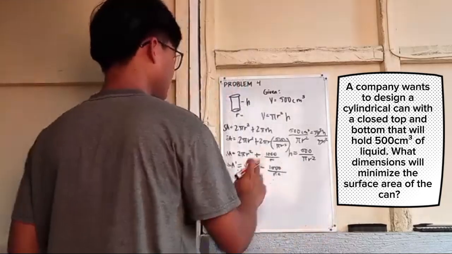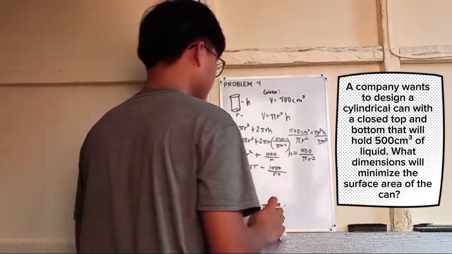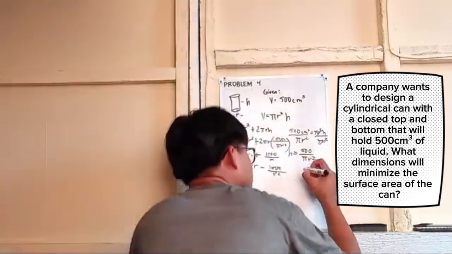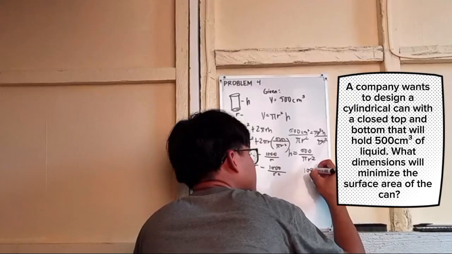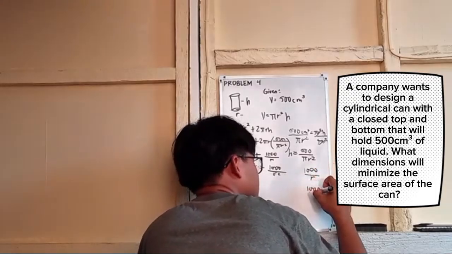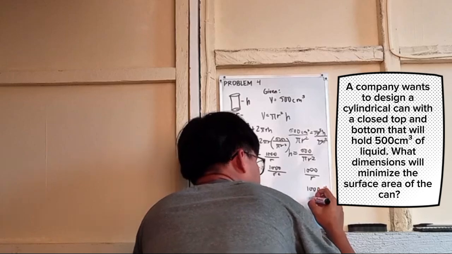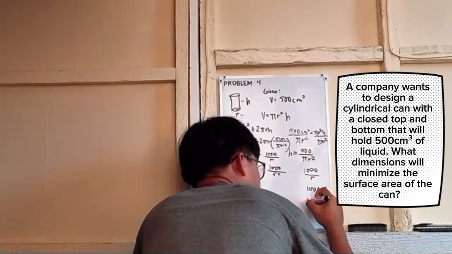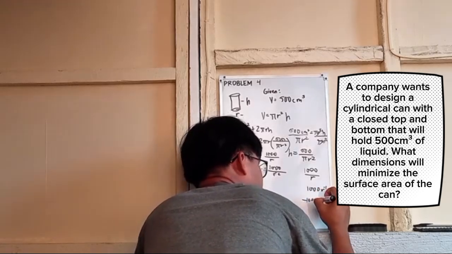So in getting the derivative, 1000 over r becomes 1000 times r to the negative 1.